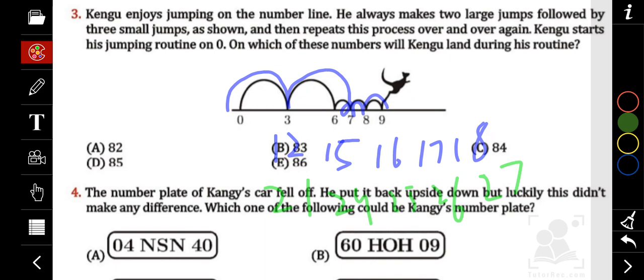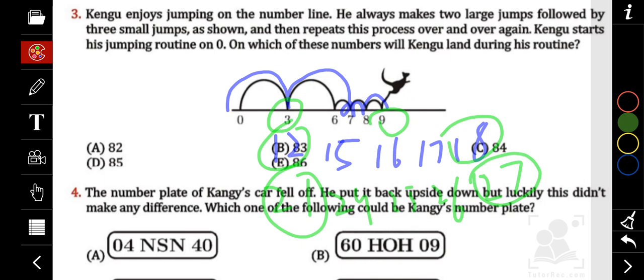What we need to observe is that in this pattern we are having 3, 12, 21, and ending at 9, 18, and 27. We observe from all these that these are the multiples of 3, the numbers which are divisible by 3.